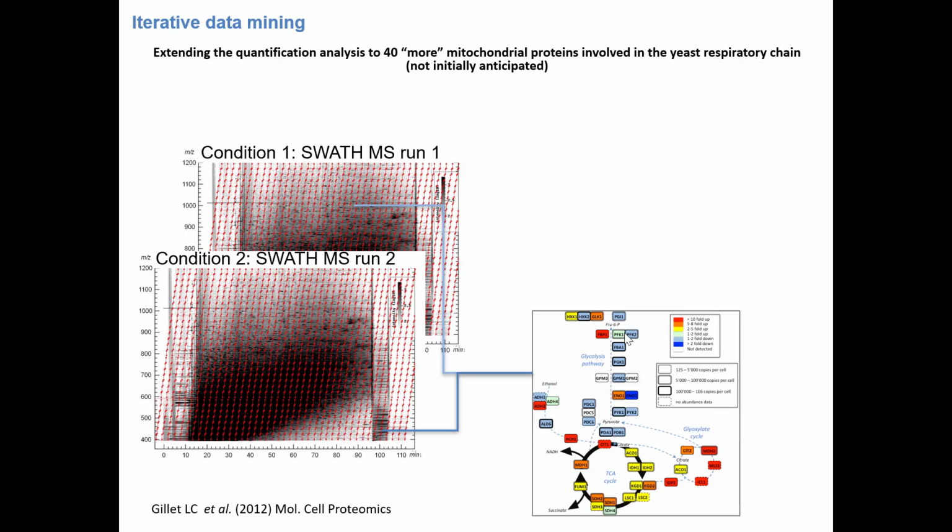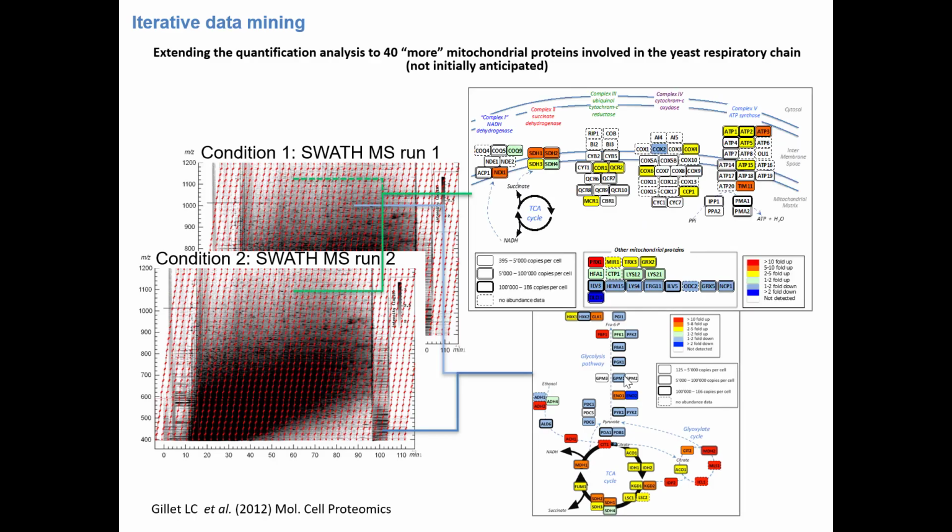And this is also illustrated again in this yeast diauxic shift sample. Initially in this experiment, they were looking at the TCA cycle and glycolysis, but then the biology collaborator said, wouldn't it be interesting if we could look at the electron transport chain? If this was a classical targeted proteomics approach, you would have to go back and do new measurements.